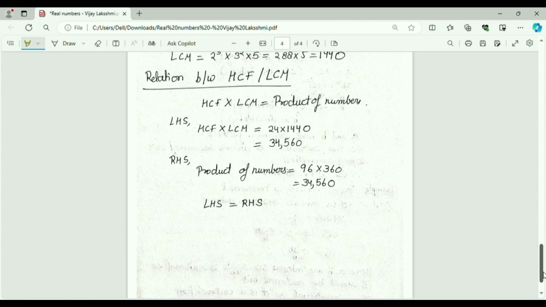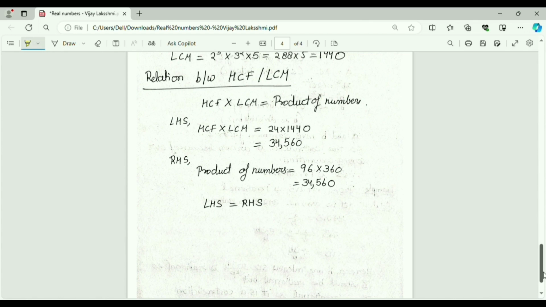Next very important topic is relation between HCF and LCM. We will use this relation to verify and to find HCF or LCM or either of the numbers in some of the questions. So the relation is HCF multiplied by LCM gives product of numbers.